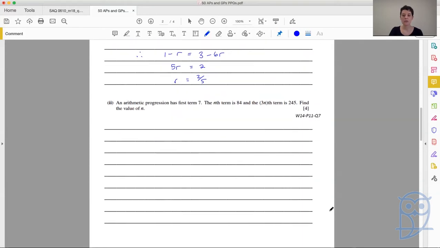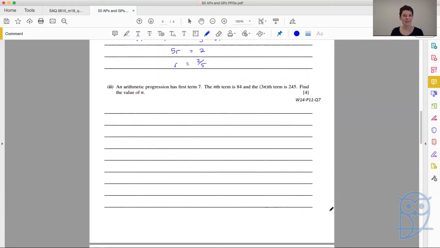So part 2. An arithmetic progression has first term 7, so AP, a equals 7. The nth term is 84 and the 3nth term is 245. Find the value of n. Well, we know that u_n equals 84 and u_3n equals 245.